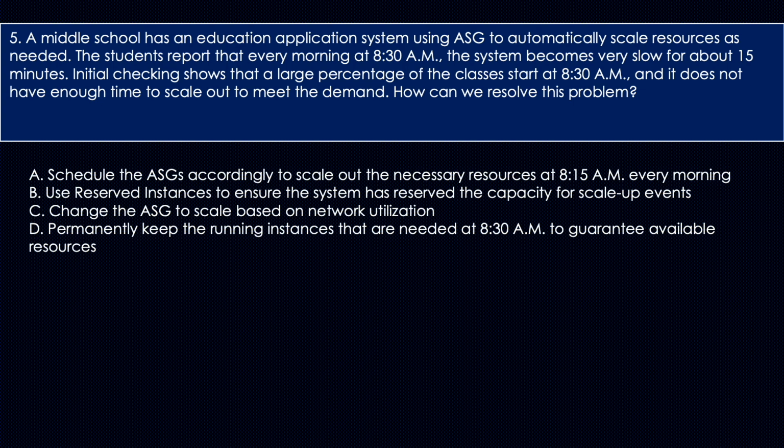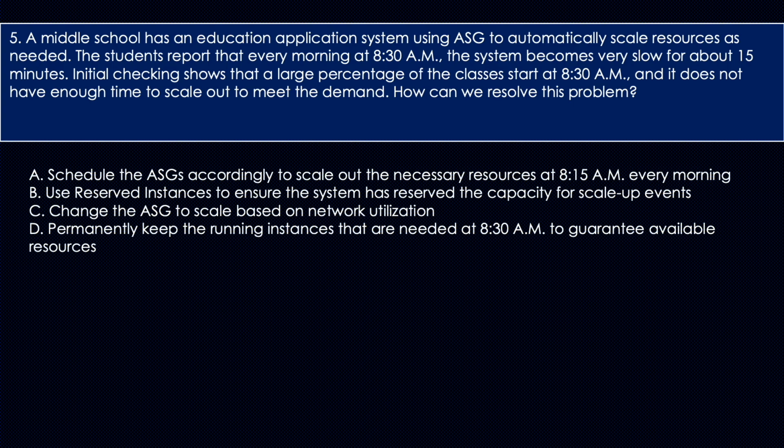B. Use reserved instances to ensure the system has reserved the capacity for scale-up events. C. Change the ASG to scale based on network utilization. D. Permanently keep the running instances that are needed at 8:30 a.m. to guarantee available resources. Answer: A. Schedule the ASGs accordingly to scale out the necessary resources at 8:15 a.m.